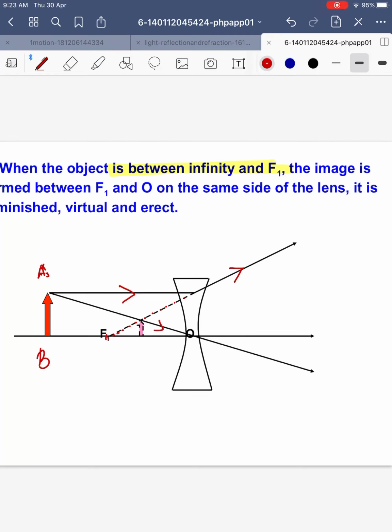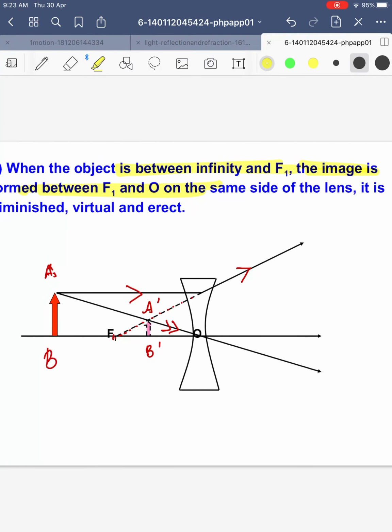The second, which is passing through the optical center, will pass undeviated. So the two intersect at point A dash. A dash B dash is the image of object AB. In this case also, the image is formed between F1 and O on the same side of the lens. It is diminished, virtual and erect.